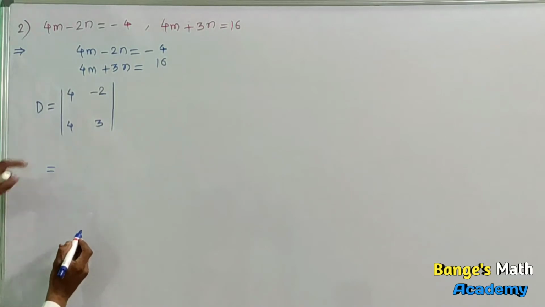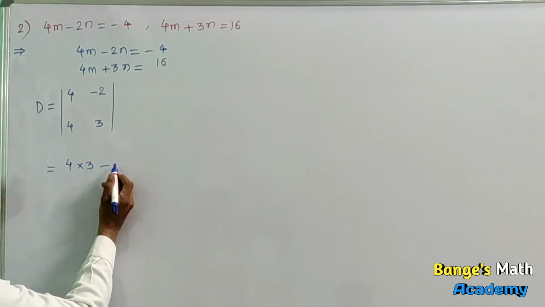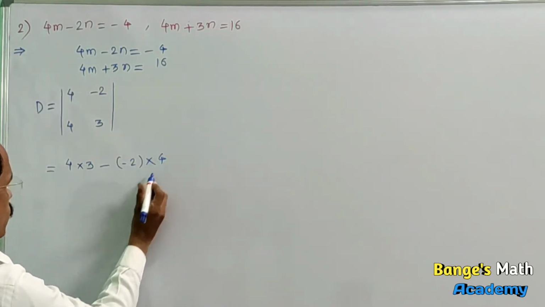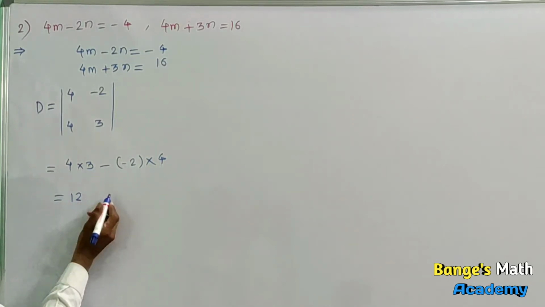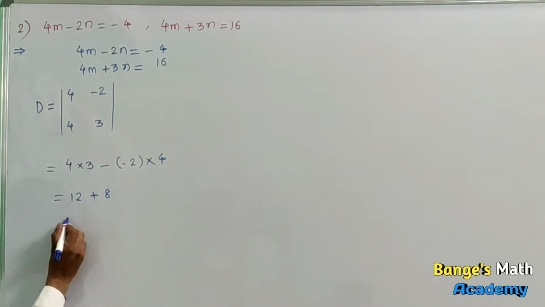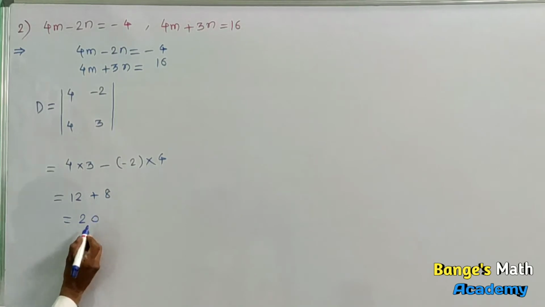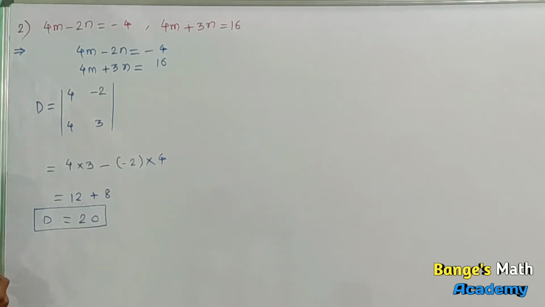Simplify this. 4 into 3, minus 2 into 4, is equal to 4 into 3, 12, minus into minus plus 2 into 4, 8. Addition of this, 12 plus 8, 20. So the value of d is 20.